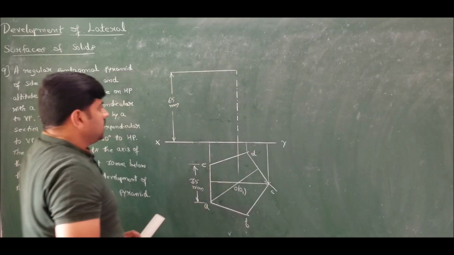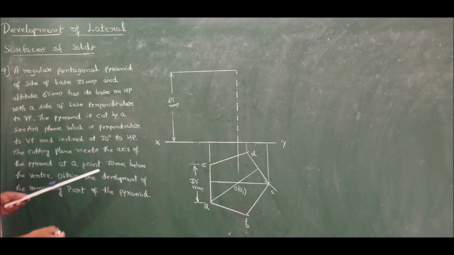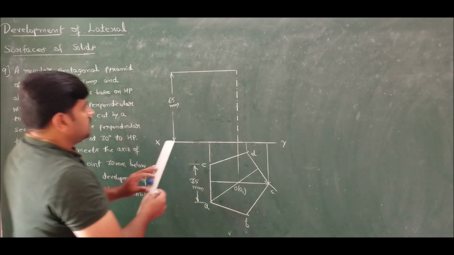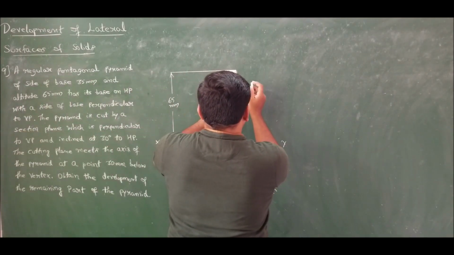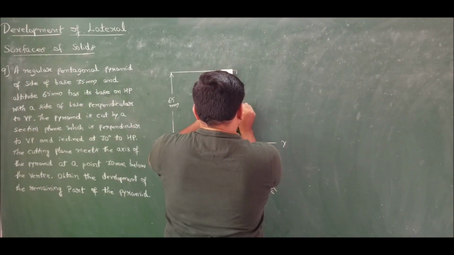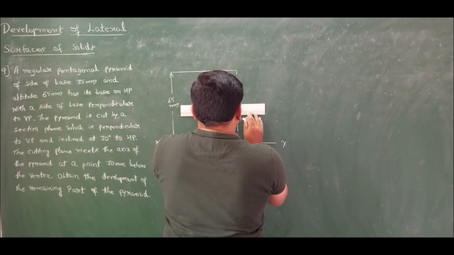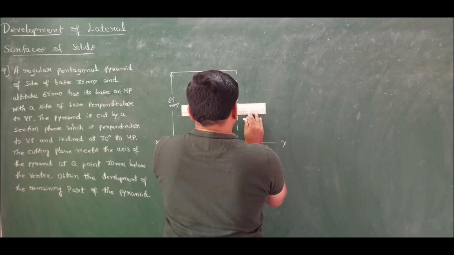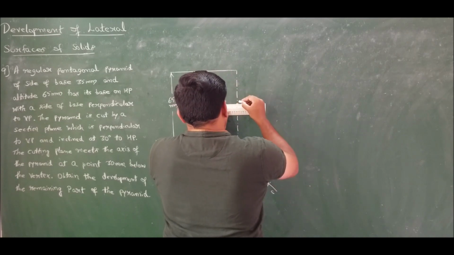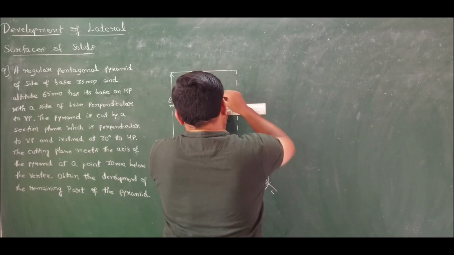The cutting plane meets the axis of the pyramid at a point 30 mm below the vertex. So measure 30 mm below the vertex. Keep it as a reference, because here the cutting plane makes an angle of 30 degrees to the horizontal plane.